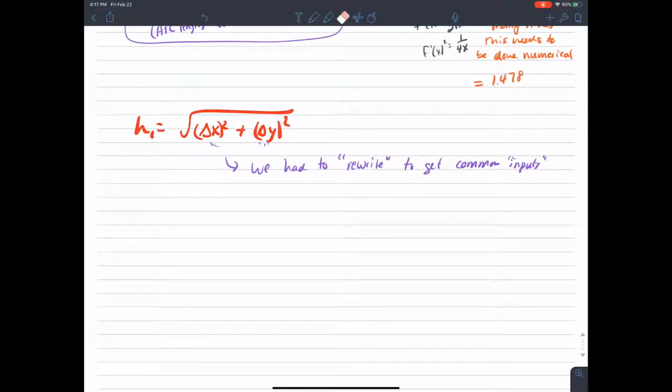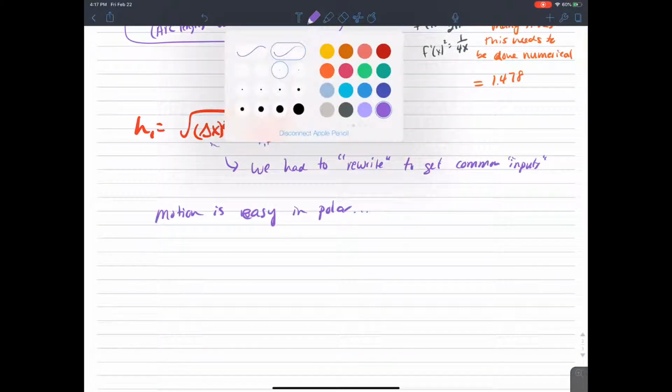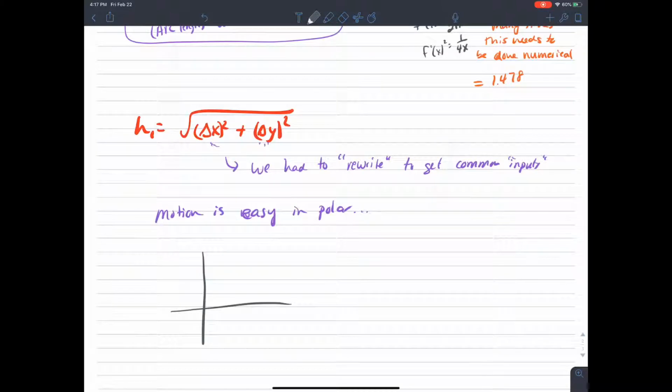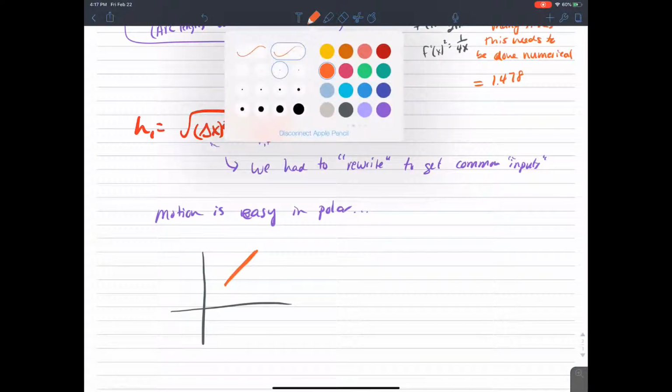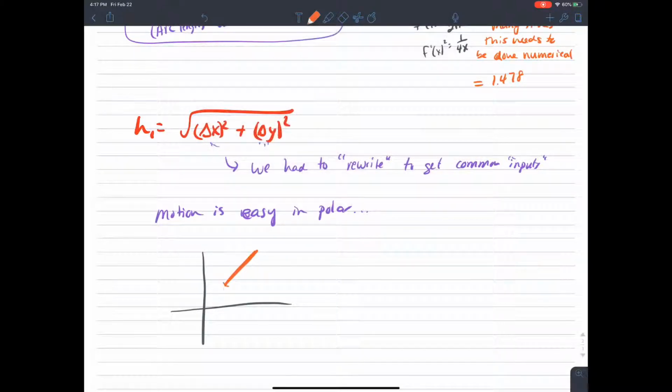So just to connect, motion is easy in polar coordinates. We set up the same idea here. If I had this curve, and some random point on the curve can be estimated by a straight line, then from there to there there was some change in x and some change in y.